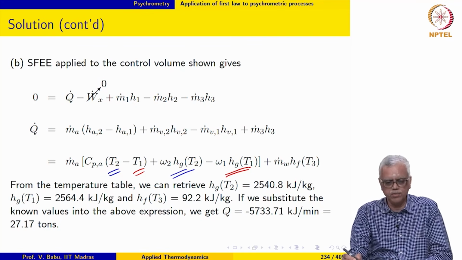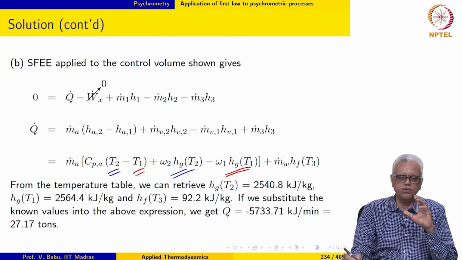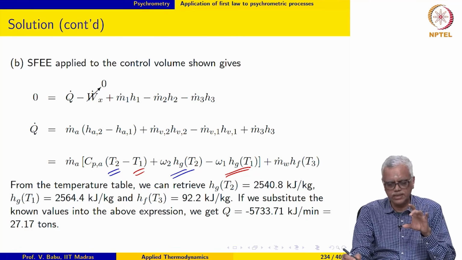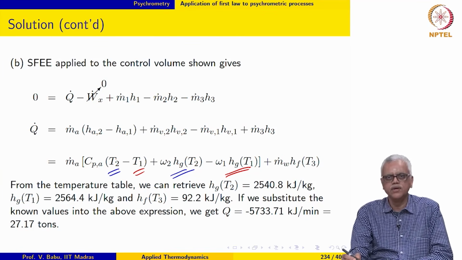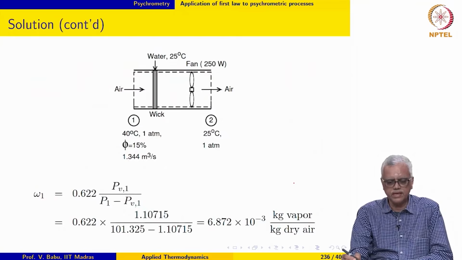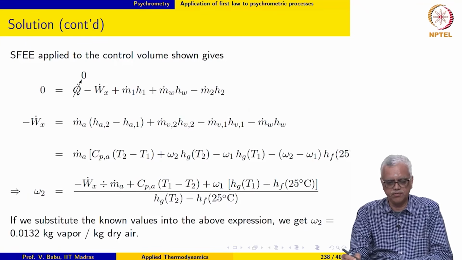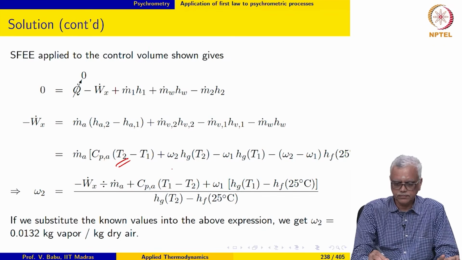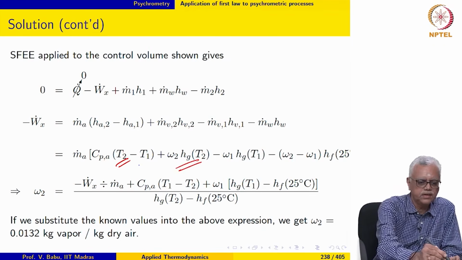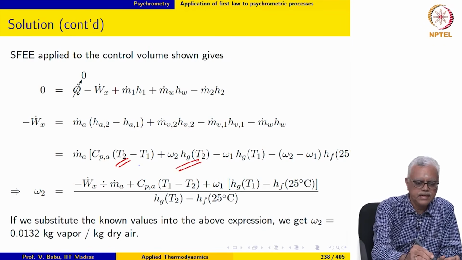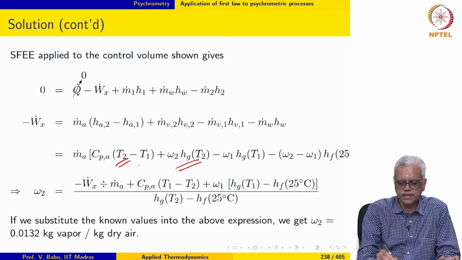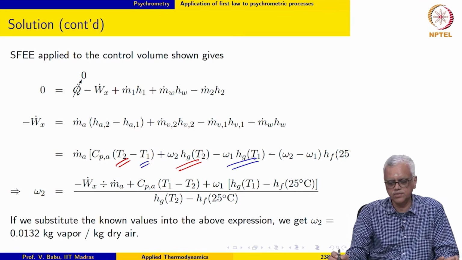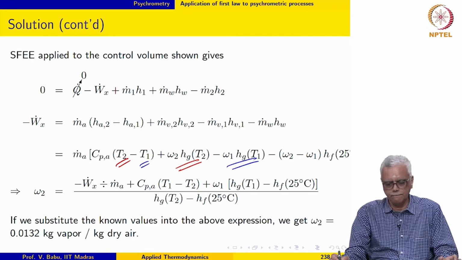So what you are seeing is actually the specific enthalpy defined on a per kg of dry air basis. Here also you see the same thing. These two terms go together, and then again these terms go together.